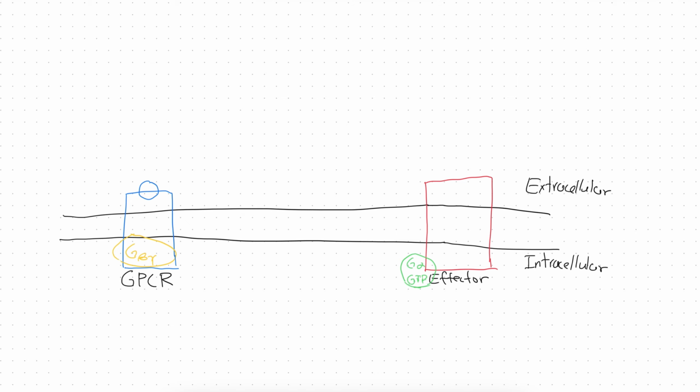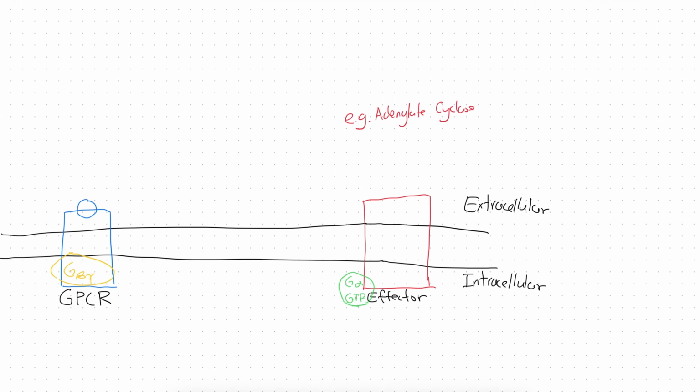Some common effectors could be something like adenylate cyclase. If the alpha subunit turns this on, it produces a massive amount of second messenger called cAMP, which goes on to activate other kinases inside the cell.